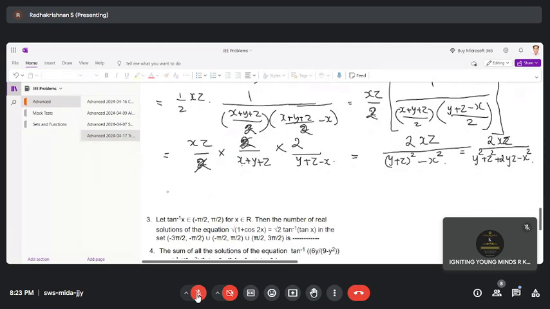Now we can substitute Y square equal to Z square plus X square.